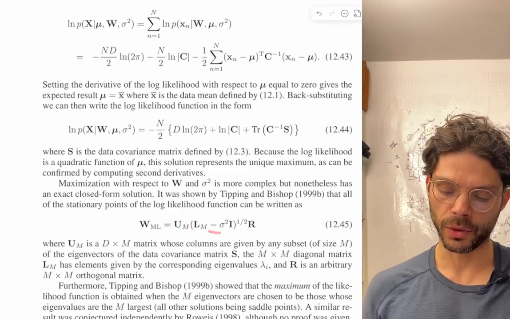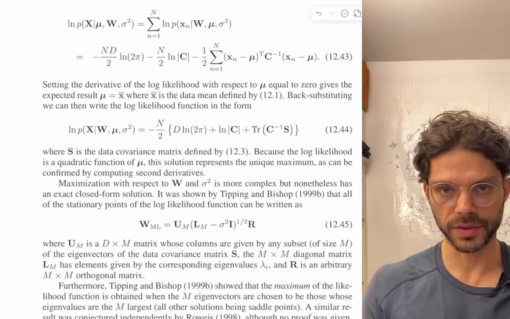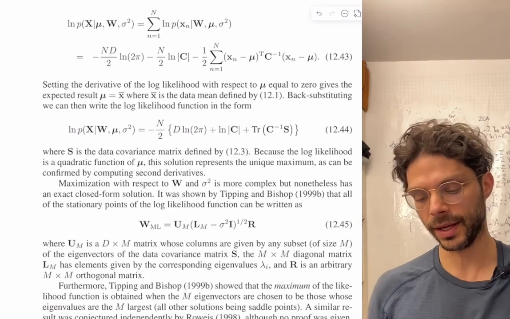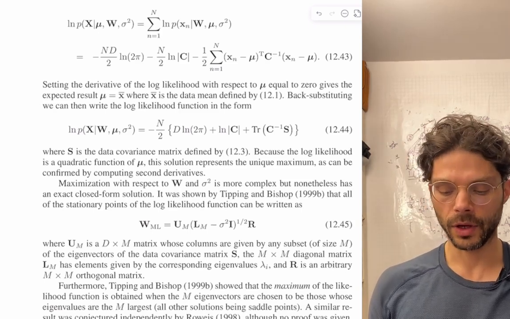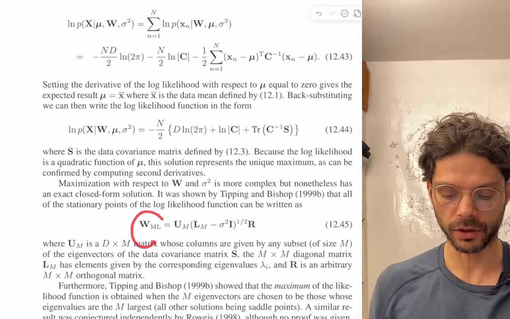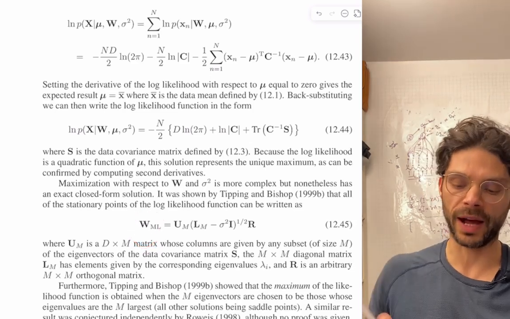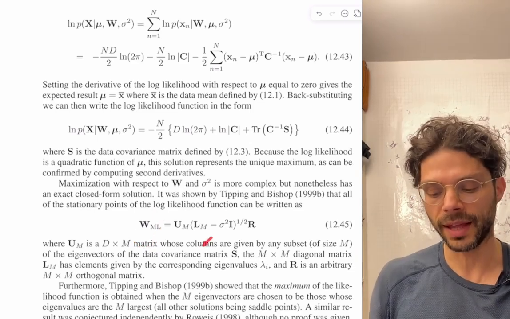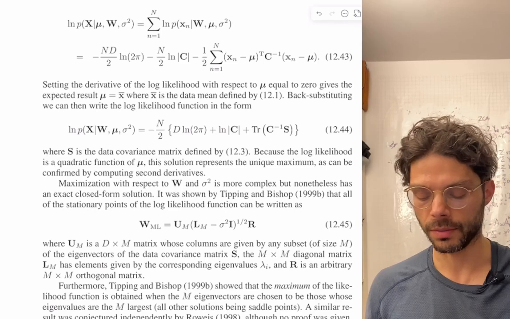The minus sigma squared is happening due to the additive variance term, and we'll see at the end that your projections into that principal eigenspace, determined by these weights, are going to have your observed variances, because we're going to be adding a sigma squared later. That's going to cancel this out basically. That's what it comes down to.